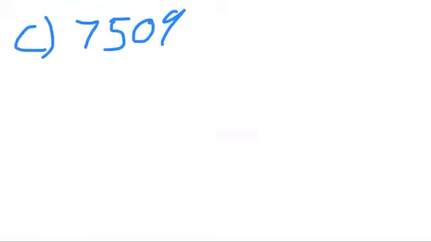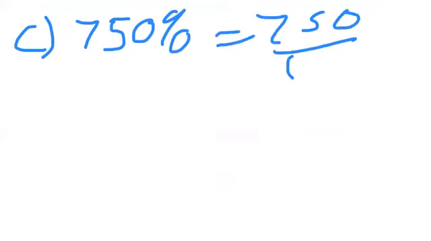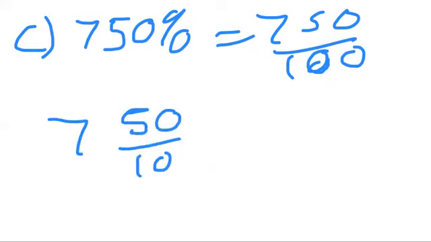Let me go to another one. C, 750%. What is 750%? 750% is 750 out of 100, right? 750 out of 100, if you look very carefully, is 750 over 100. From your previous class, it's 750 over 100.